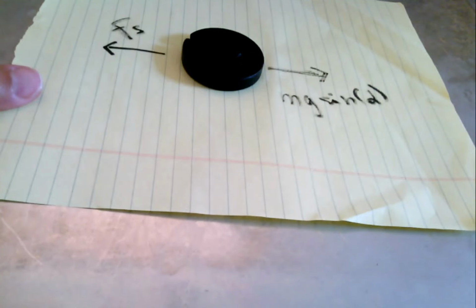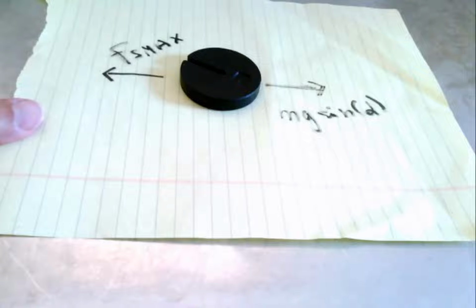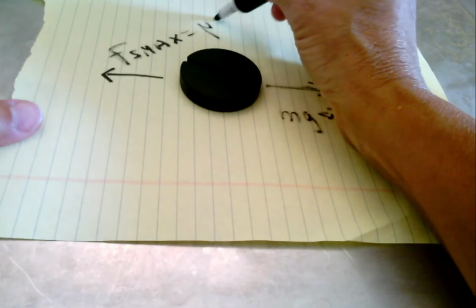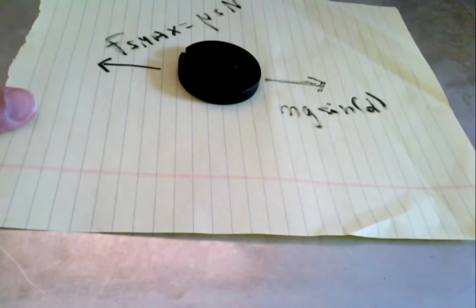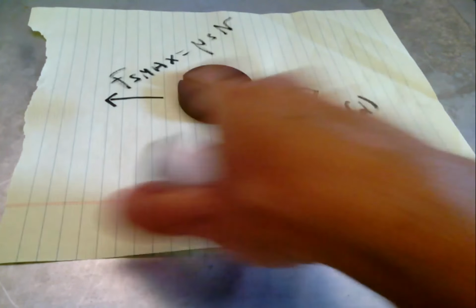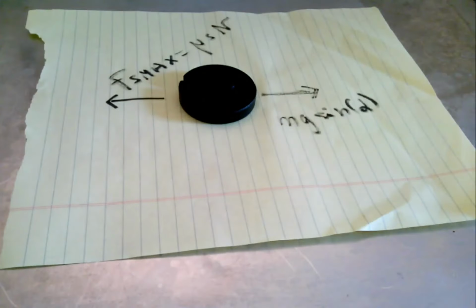And then once you reach the maximum one, then you can say that this equals the coefficient times the normal force. Until you reach that maximum, you cannot say that static friction equals mu times the normal force. Only when it reaches the maximum can we write down this equation.